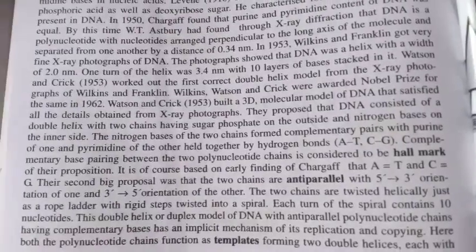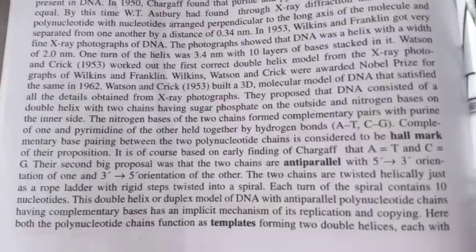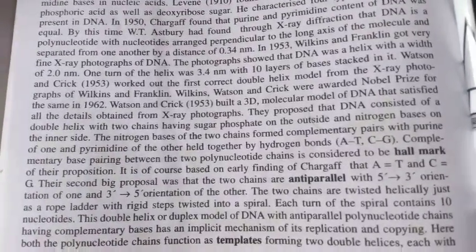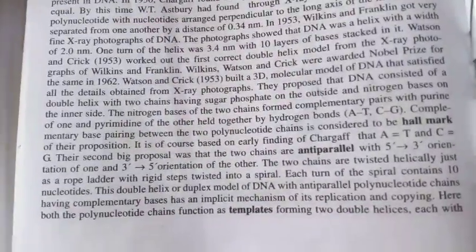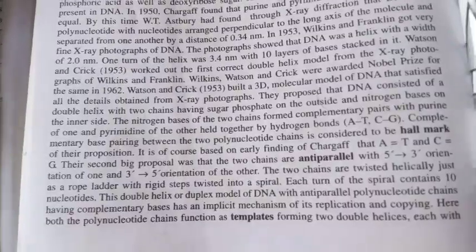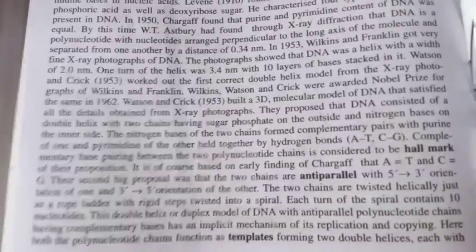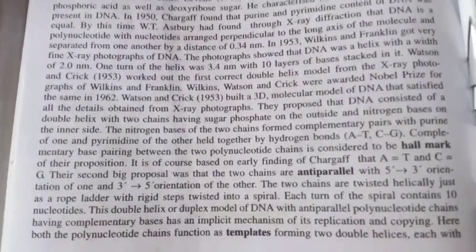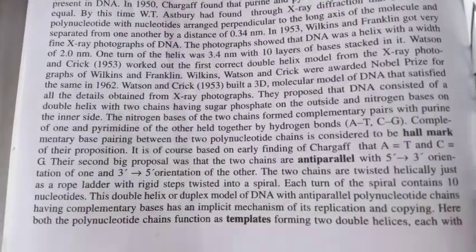The two chains are twisted helically, just as a rope ladder with rigid steps twisted into a spiral. A rope ladder with rigid steps twisted into a spiral is just like what the DNA molecule looks like. Each turn of the spiral contains 10 nucleotides.